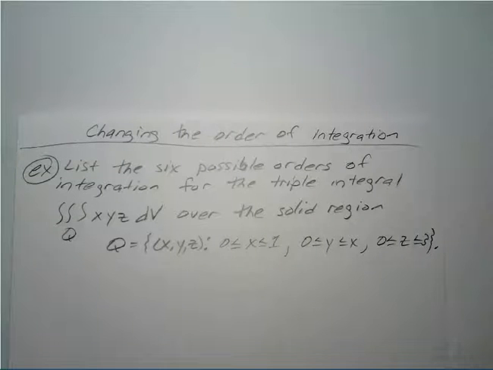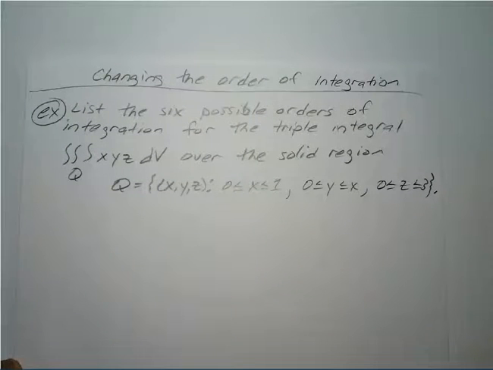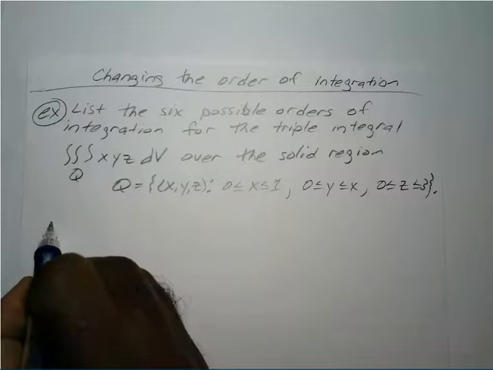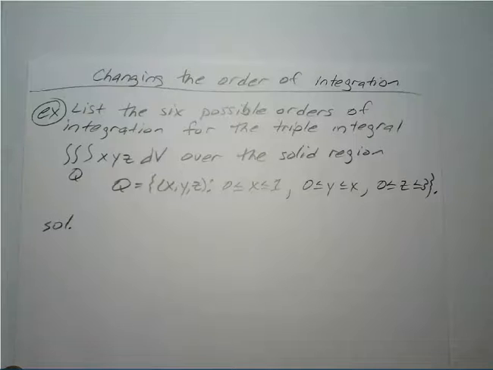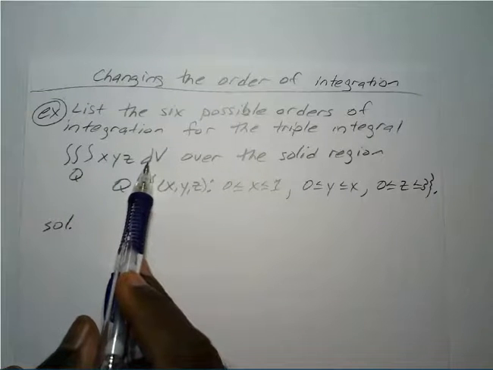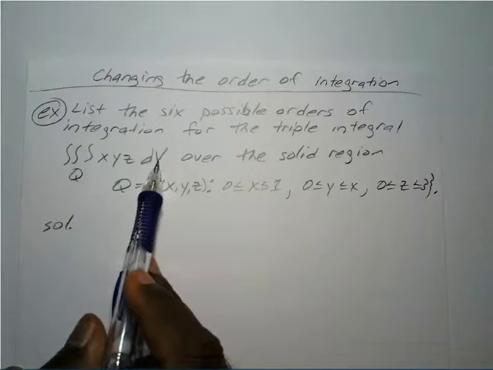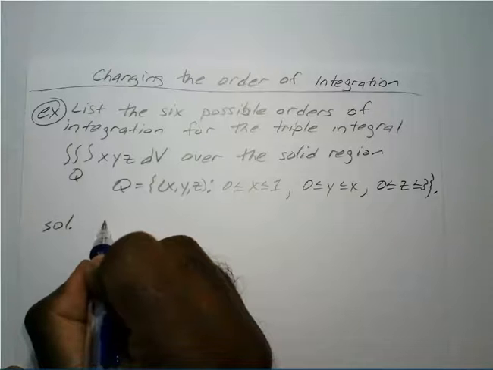Okay, so we want to set up all 6 of our orders of integration. All that means is that for our respect to the volume, we want to find the order of integration.